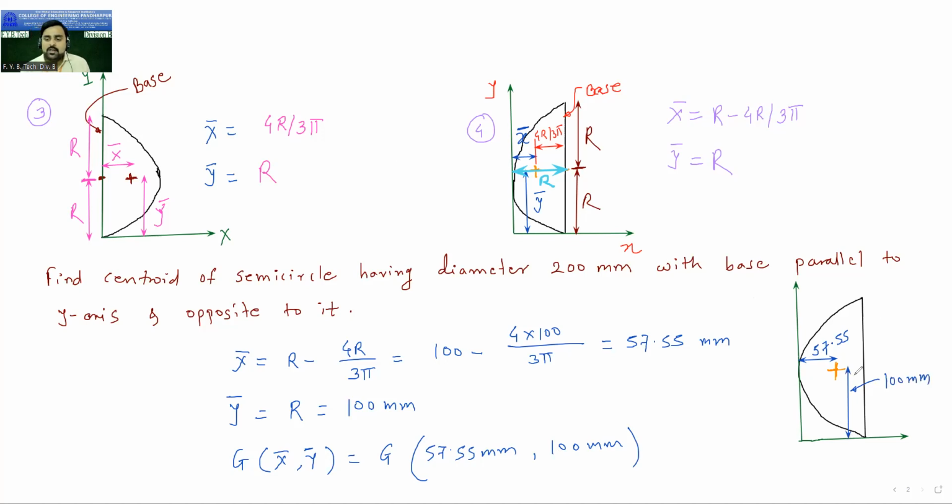So if you go vertically 100 mm and move horizontally 57.55 mm from the origin of this reference axis, the point which you will get is the centroid of the semicircle. This is the meaning of this.